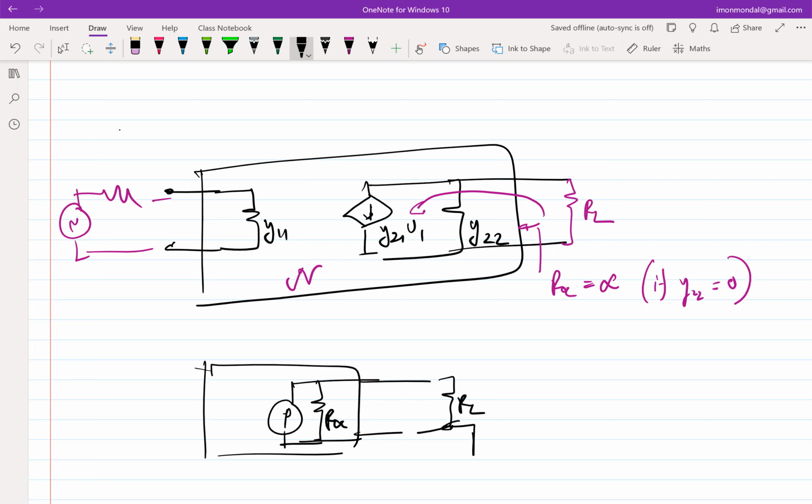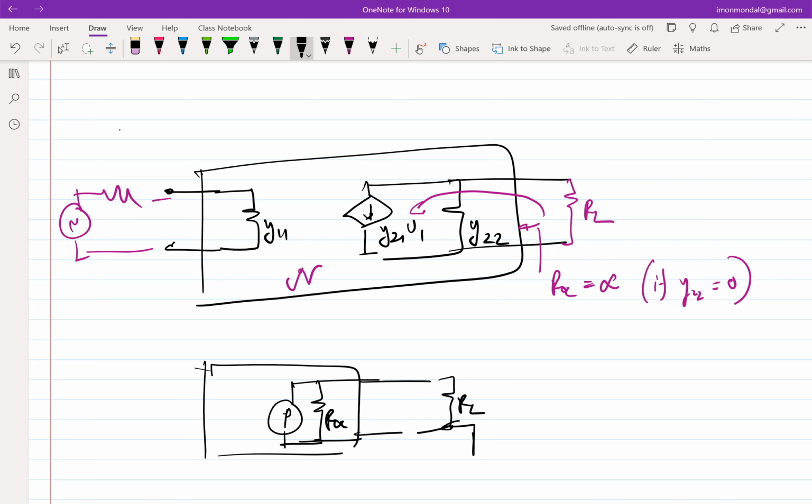If ROC is infinity, then obviously you don't have to bother about inequalities. Regardless of the value of RL, your block will be able to push out current into RL. But if ROC is not infinity, it's a finite but large value, then ROC has to be much, much larger than RL.